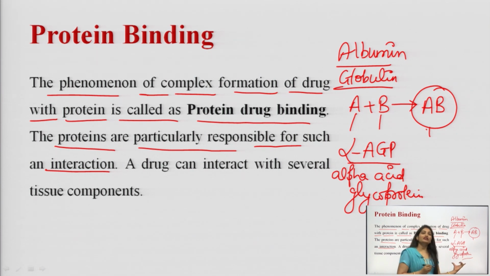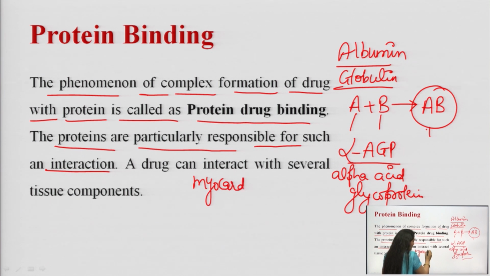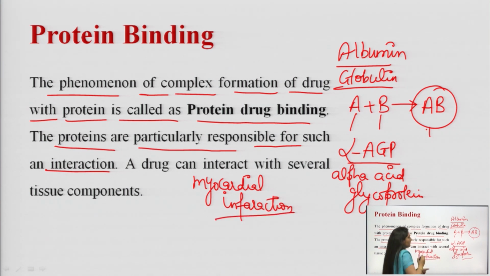The level of this alpha acid glycoprotein in a normal healthy individual is very low, but in case of any diseased state, for example myocardial infarction, the level of this protein is increased.